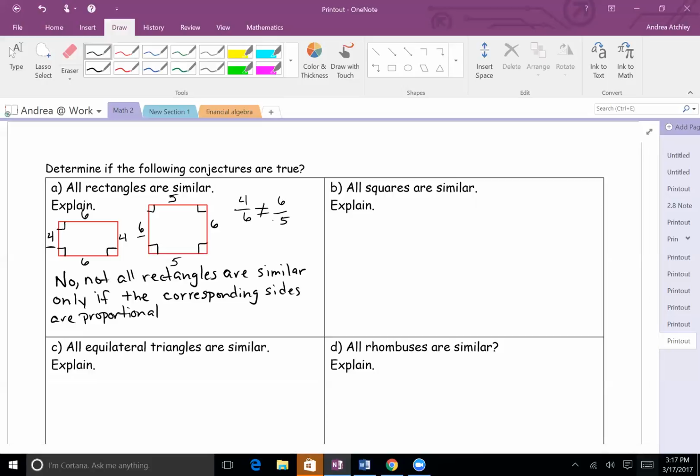All squares are similar. Okay, so we're going to draw a square. I'm going to draw another square. It's hopefully a little bit bigger.